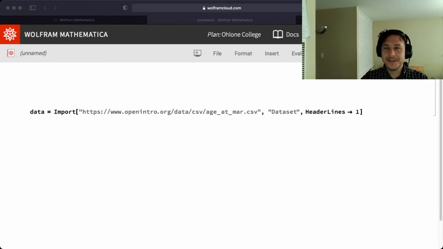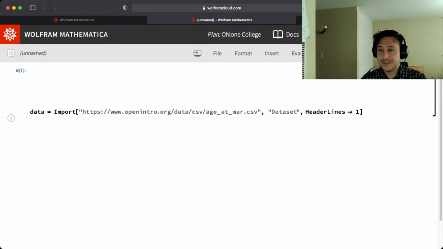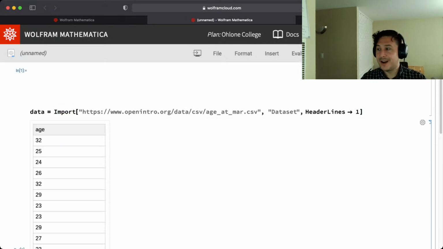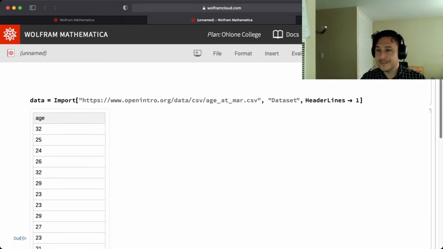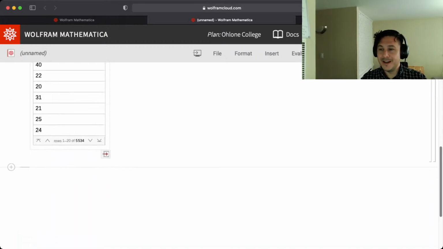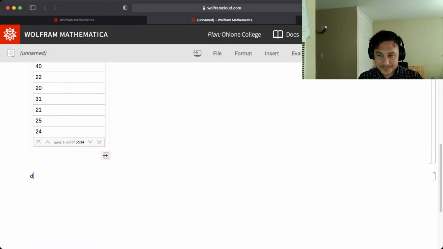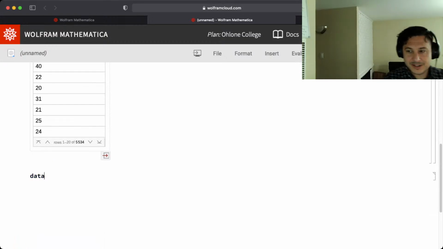There we go. Okay, so let's load the data. Boom. Okay, it's loading. Okay, we've got our age. So remember, if you want to make the histogram, you have to start with the data. You tell the computer you want all the rows, and then you tell it the variable you want.